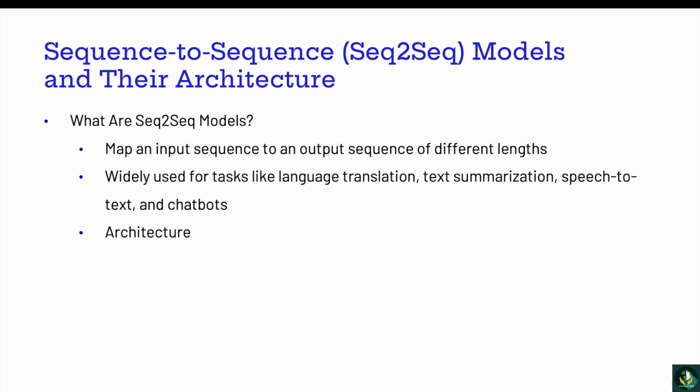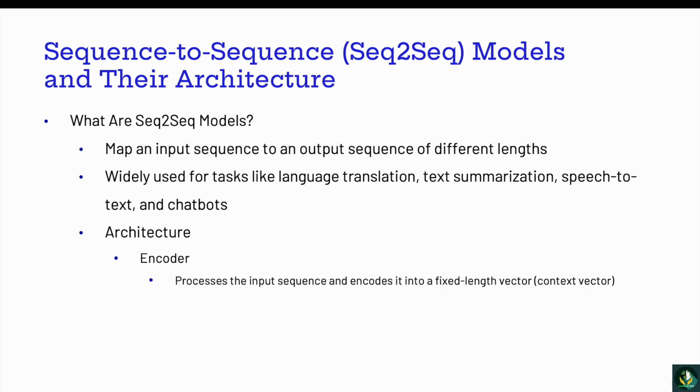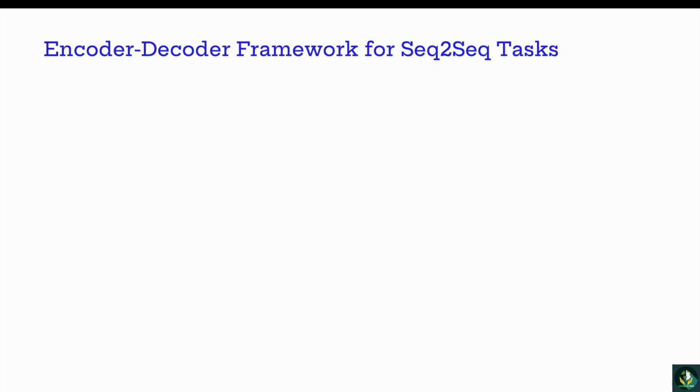The architecture involves an encoder which processes the input sequence and encodes it into a fixed length vector, also called a context vector. Then we have a decoder which takes the context vector as input and generates the output sequence step by step. Let's get into the encoder-decoder framework for seq2seq tasks. How does it work?